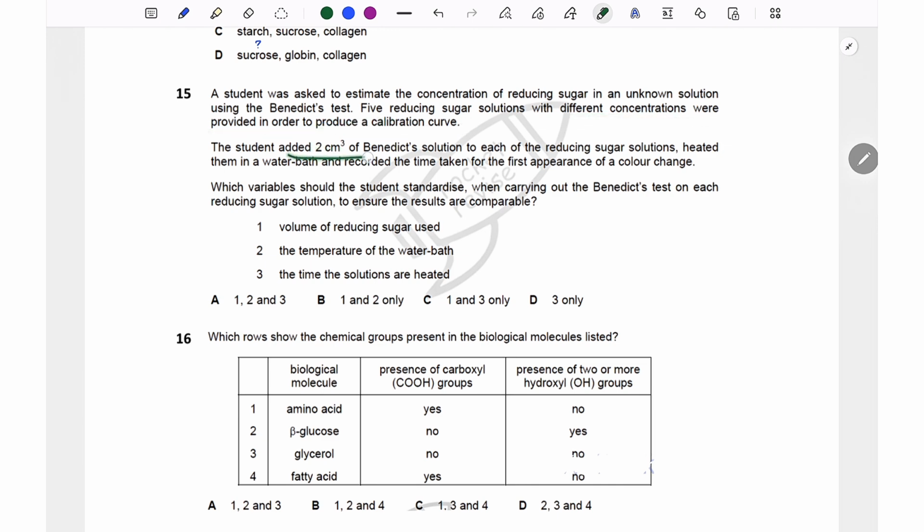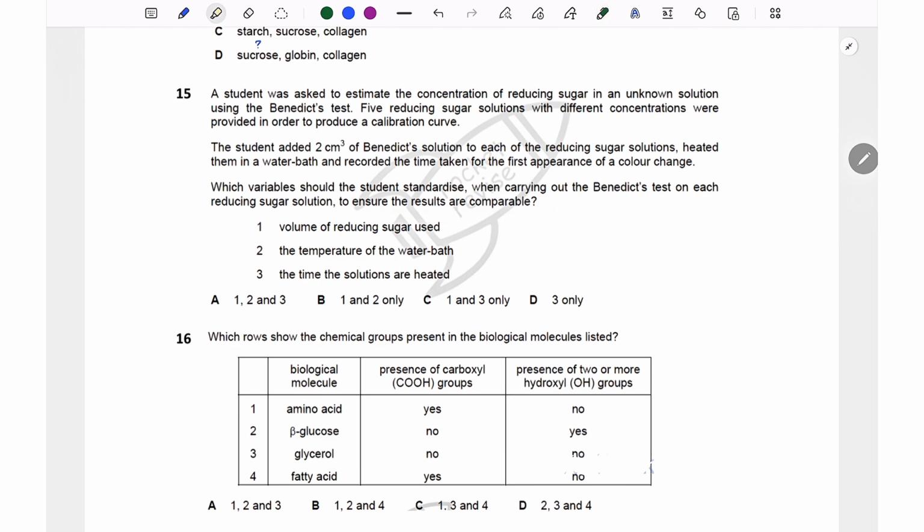A student added 2 centimeter cube of Benedict's solution to each of the reducing sugar solutions, heated them in a water bath, and recorded the time taken for the first appearance of a color change. Which variable should the student standardize, so keep it constant, when carrying out the Benedict's test on each reducing sugar solution to ensure the results are comparable?